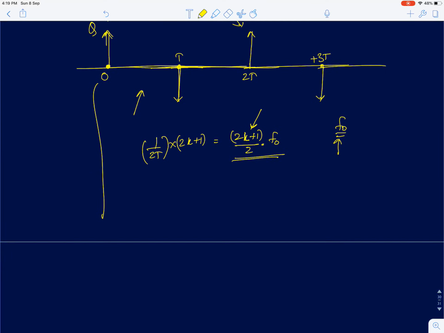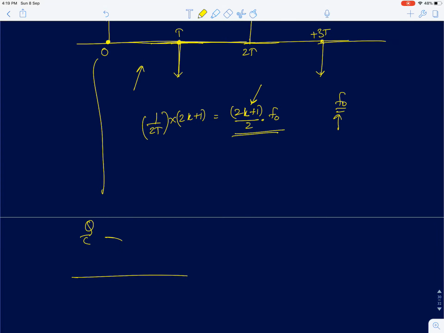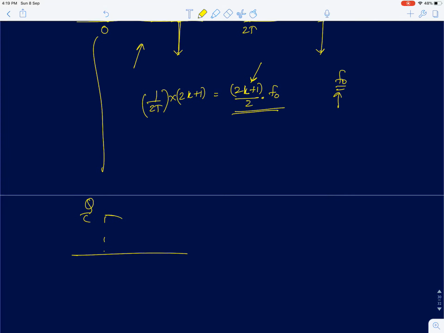The instant you give an impulse, suddenly there will be a voltage developed across the capacitor of value q upon c, and then from 0 to t it's going to undergo one full cycle. There will be transfer of energy from the capacitor to the inductor, and the capacitor gets it back at t equal to t.